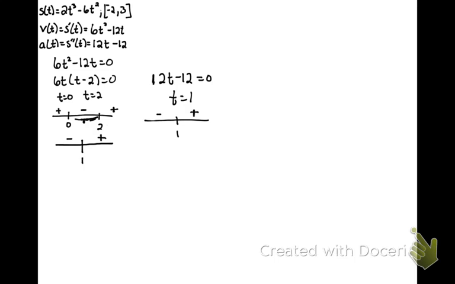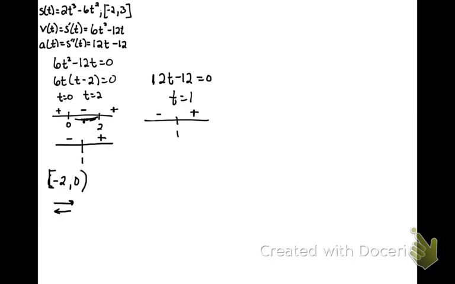So I can see, since we're starting at negative 2 and going to 0 first, that from negative 2 to 0, the velocity is positive. So that means we're moving to the right, but the acceleration is negative. So the acceleration is in the opposite direction.